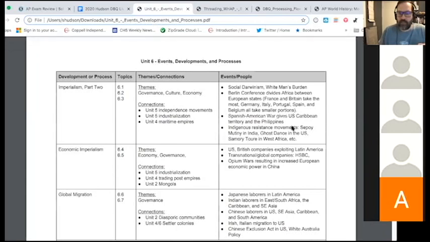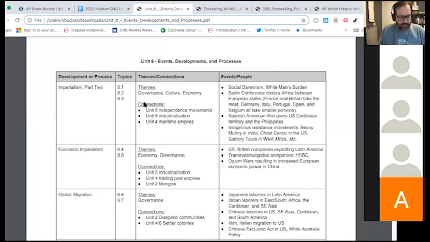Personally, I feel like I know the most about Sepoys and the Ghost Dance, so I hope that one of those two does not show up in the documents, because those are the two I feel most comfortable talking about as external evidence. If both are in the documents, I'm going to have to decide whether to even do outside evidence, or I'm just going to make up something. So we'll see how that goes.